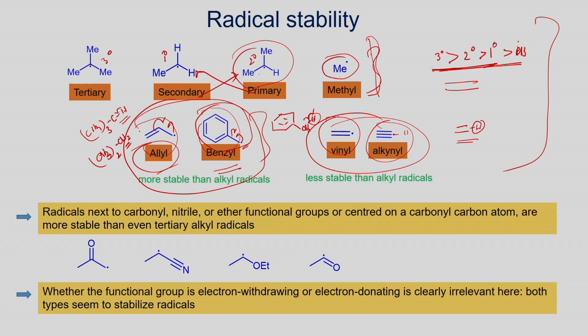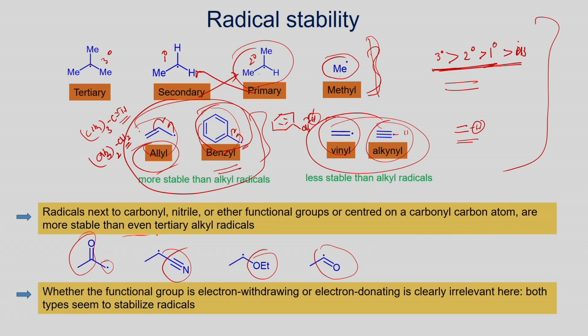In addition to that, if the radical is bonded with a carbonyl group, or you have the methyl radical bonded with a nitrile group, or an ether group, these radicals are more stable.